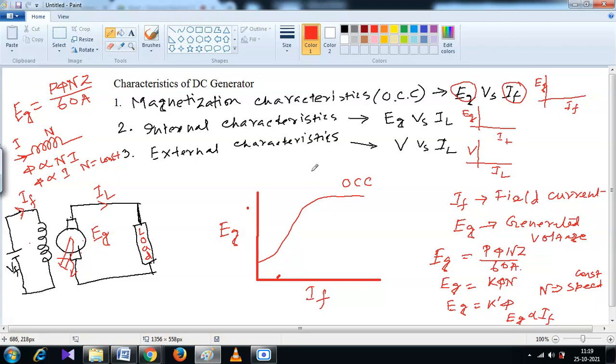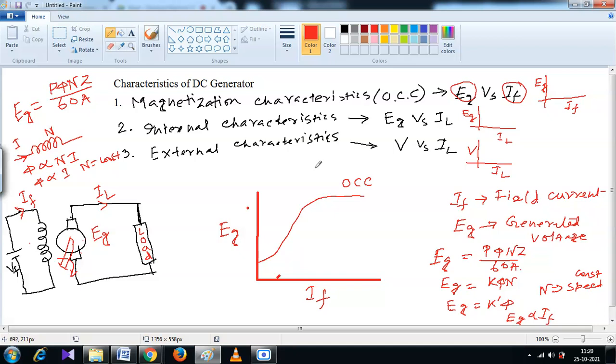But sir, where phi is directly proportional to N I, there you are taking the number of turns. Okay, sir. If we take the number of turns as constant, then we can say phi is proportional to field current. Yes, sir. But in Eg equals P phi N Z by 60, there N is the constant speed. Here N is actually speed in the case of Eg, and if it creates confusion, then please just take T as the number of turns.